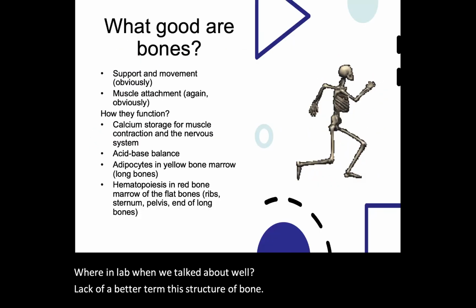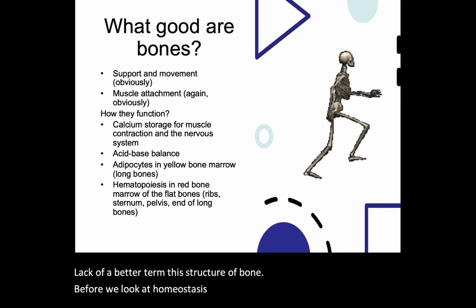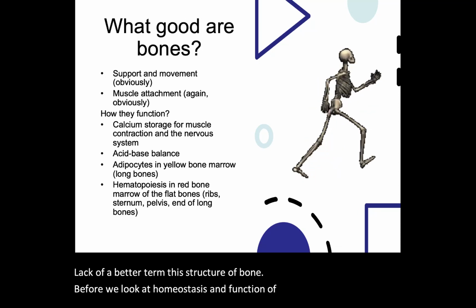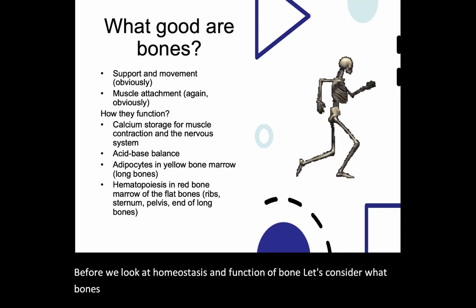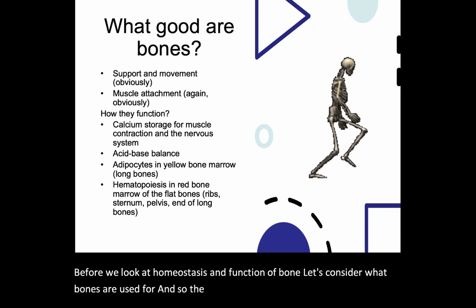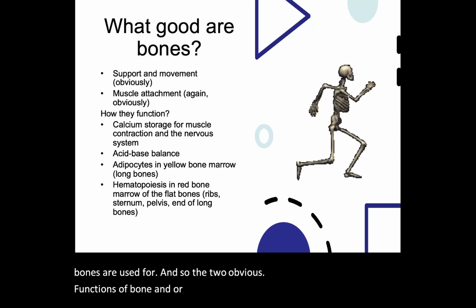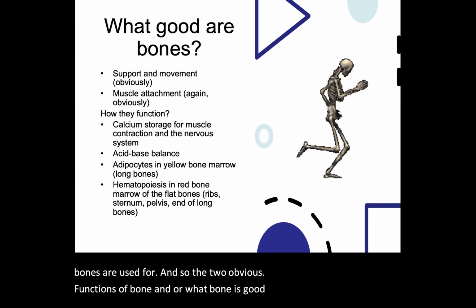Before we look at homeostasis and function of bone, let's consider what bones are used for. The two obvious functions of bone, or what bone is good for, are support and movement.